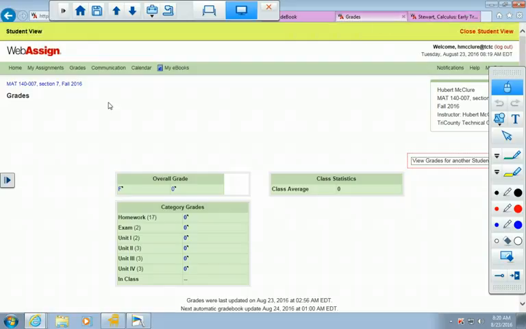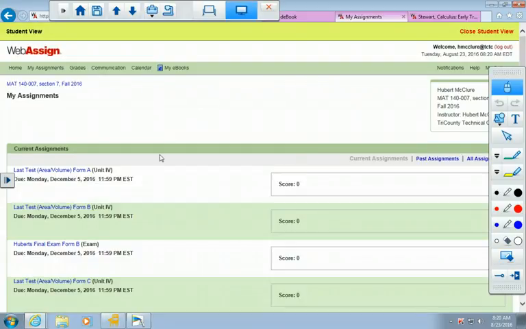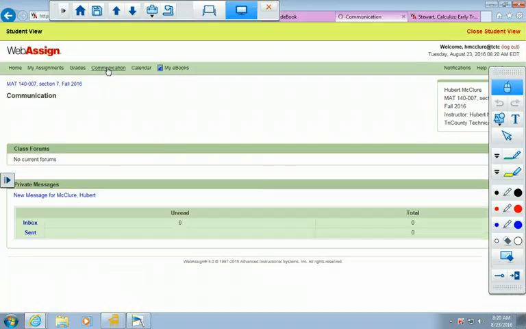That's the grade book. My assignments. When you hit my assignments, there's your assignments. They're not due any assignments yet because I haven't even put any up. Okay? So these are just generic. They come when I copied the class over. Communication.